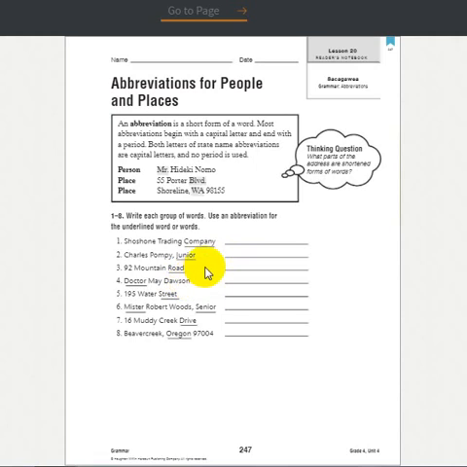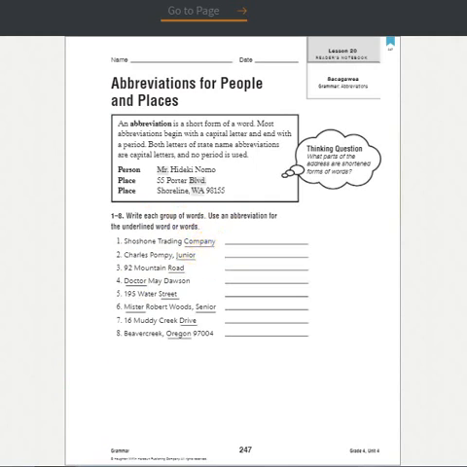Okay? So, here it says, write each group of words. Use an abbreviation for the underlined word or words, okay? So, number 1 we have Shoshone Trading Company. We want an abbreviation for the word company.